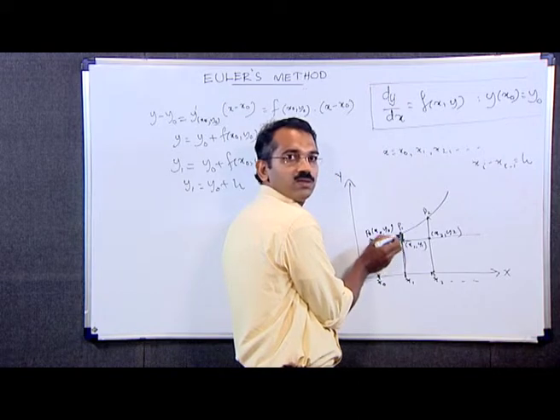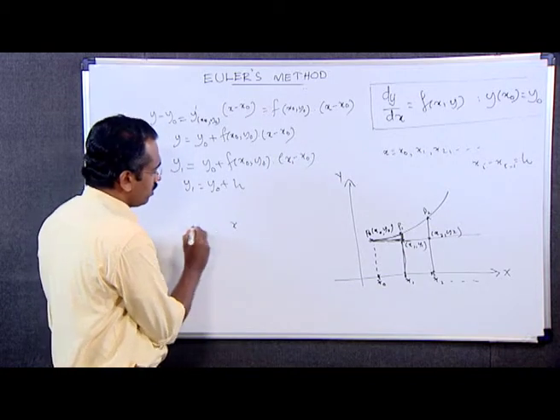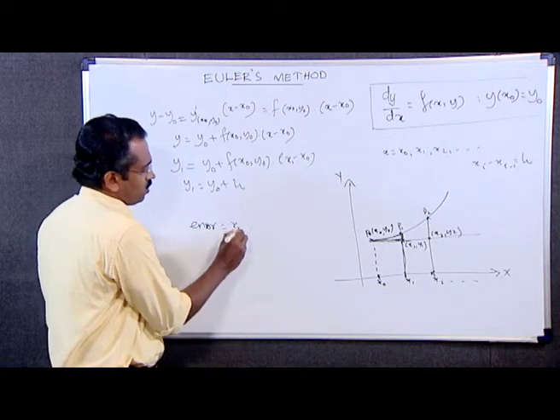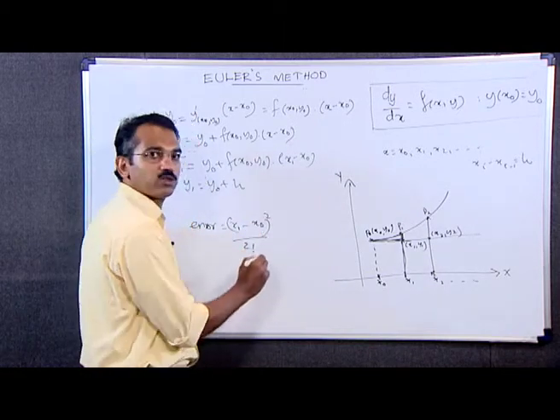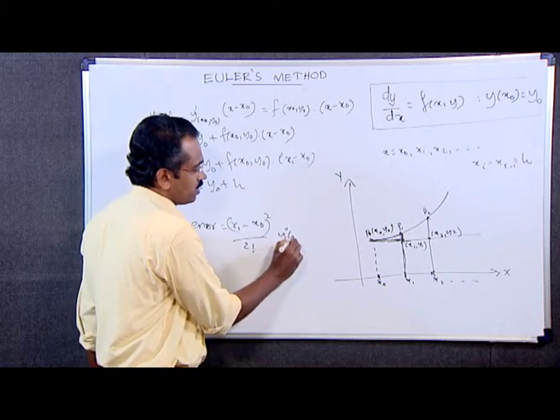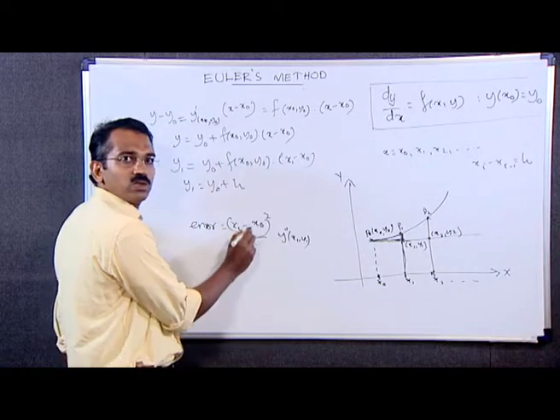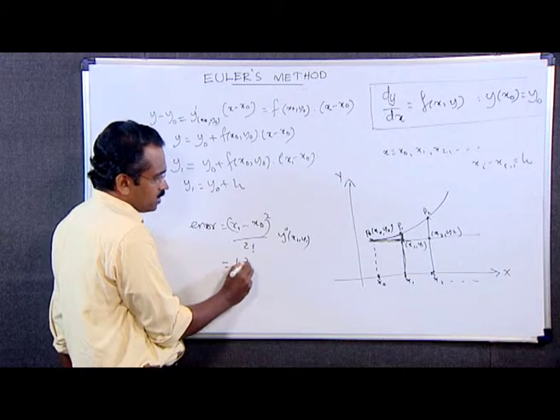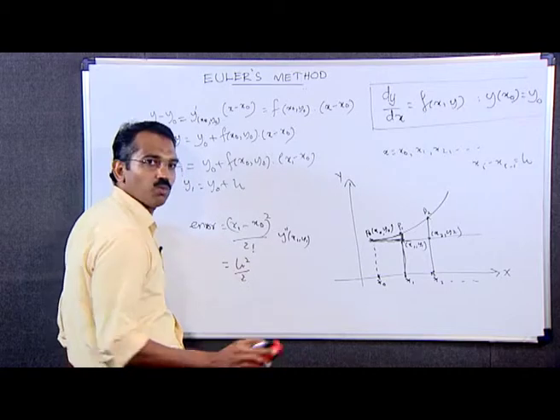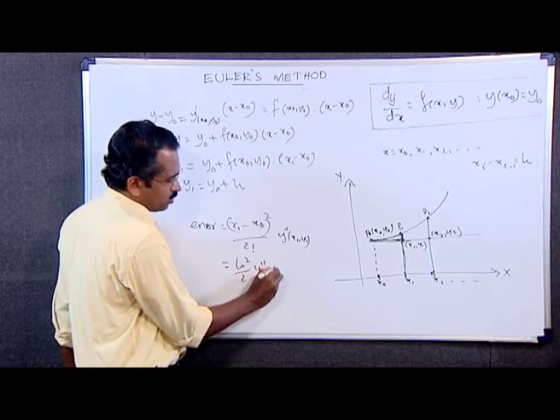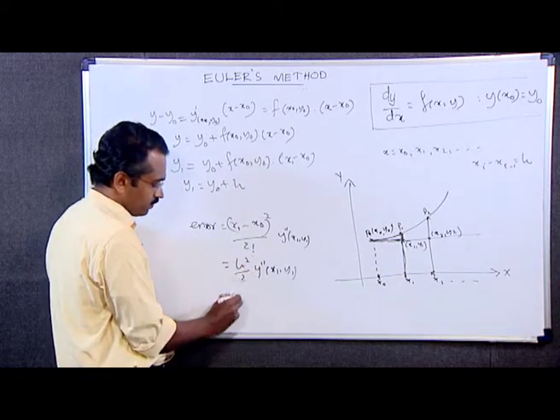Therefore, this is the error at x is equal to x 1, which is equal to x 1 minus x naught the whole square divided by 2 factorial into y double dash at x 1, y 1, which is h square divided by 2 factorial into y double dash at x 1, y 1. Therefore, the error is of order h square.